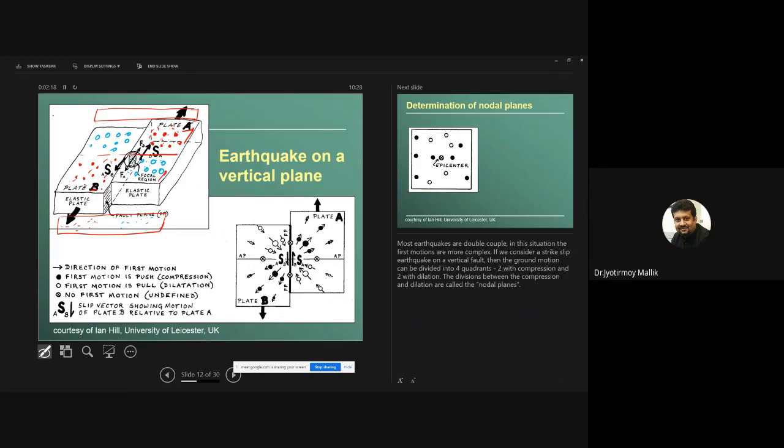Here it is being pushed against the wall rock, and here it is going away from the wall rock. Hence, I am observing compression here, and hence I am observing dilation here. If you do a small experiment with the clay block that you used to make toys with in your childhood, you should be able to demonstrate that as well.